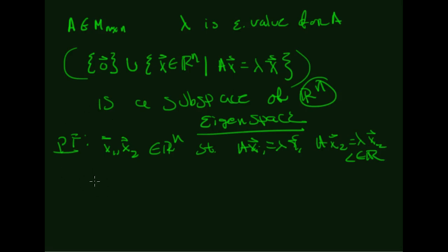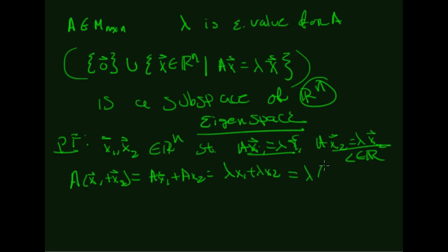I have to prove that I'm closed under addition and scalar multiplication. If I take A times (x1 plus x2), then I'm in the eigenspace if this works out to be lambda times (x1 plus x2). Well, this is the same as Ax1 plus Ax2, which is lambda x1 plus lambda x2, which is lambda times (x1 plus x2), which means I'm closed under addition.